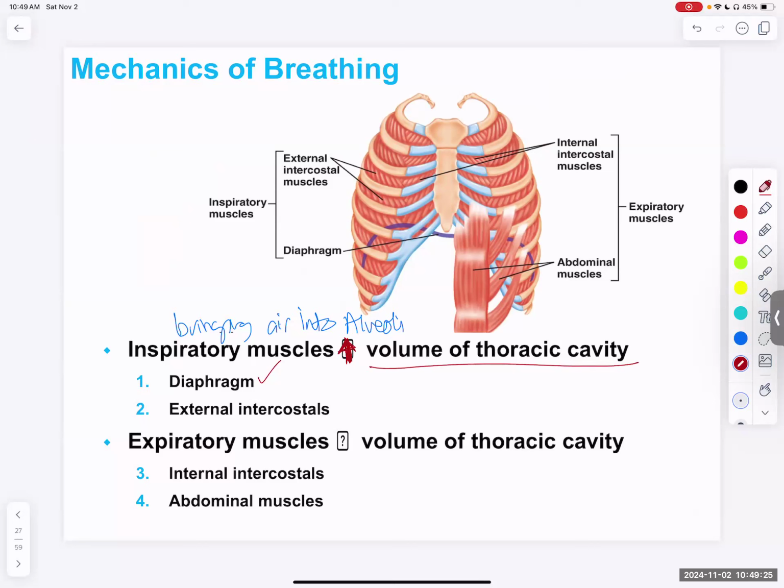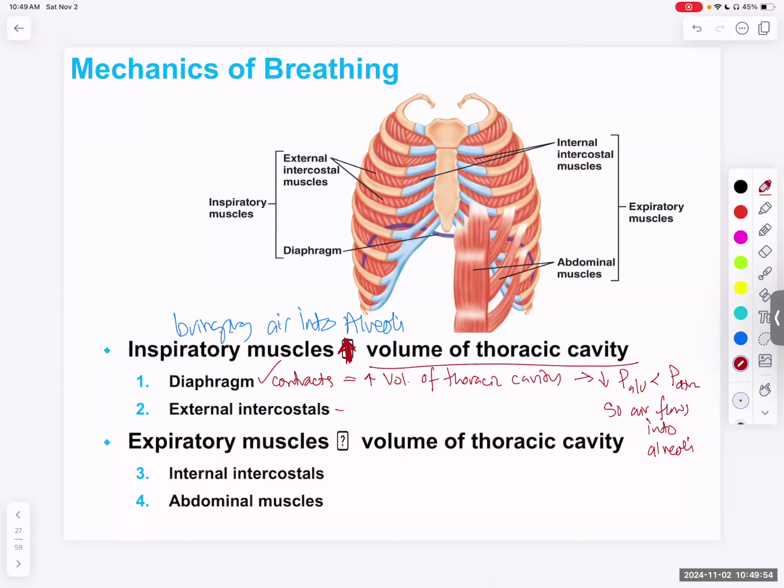Main muscle is the diaphragm. Diaphragm contracts, and that increases volume of the thoracic cavity, which decreases the pressure in the alveoli to be less than atmospheric pressure. So air flows into alveoli until it's equal.